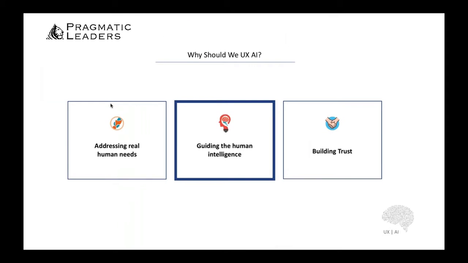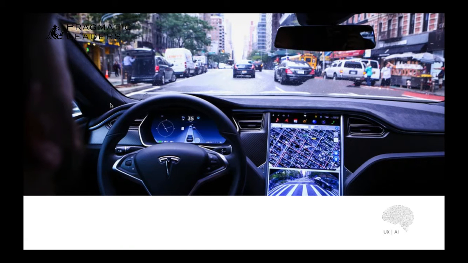Similarly, the second reason would be guiding the human intelligence. When you're sitting in, let's say, a car which has an auto drive feature, it's very important to guide us, and the reason is it's very easy for us to leave the wheel and say that, okay, there's a very, very smart machine sitting behind this car managing it, and I don't need to monitor anything anymore.